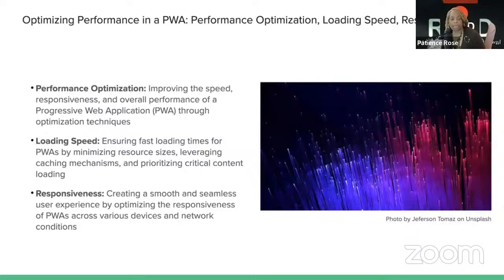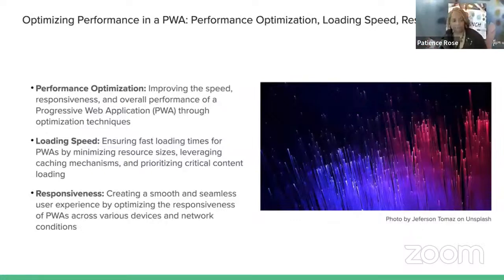Because what happens is that the faster people are able to gain access to the information that's in your app, the better. So the loading speed: ensure there's a fast loading time, and minimize the resource sizes. Don't try to put in really large objects or images that require too much of the resources on the phone to use.